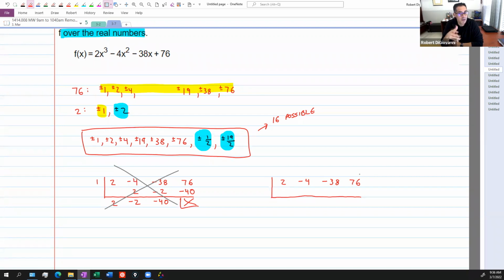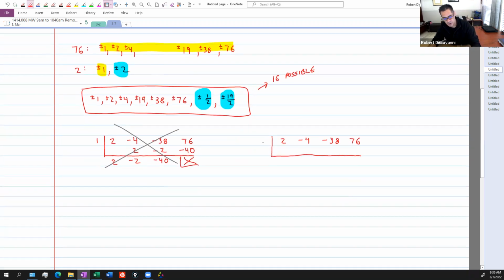So that'll let you know that if you go too far, like you've done 8 of them and they're not working, something's wrong. Maybe you didn't put your numbers in the synthetic division box correctly, or something's up. But let's see here, 2 is supposed to work. Bring 2 down, 2 times 2 is 4, 4 gives you 0, that's 0, that's negative 38, multiply that by 2, you get negative 76, there it is.